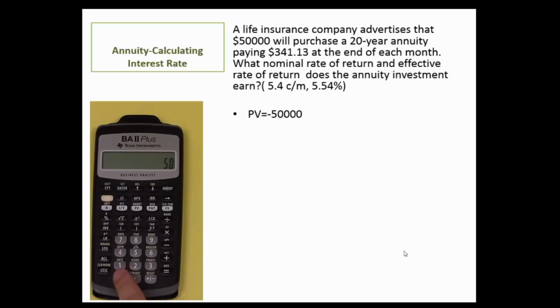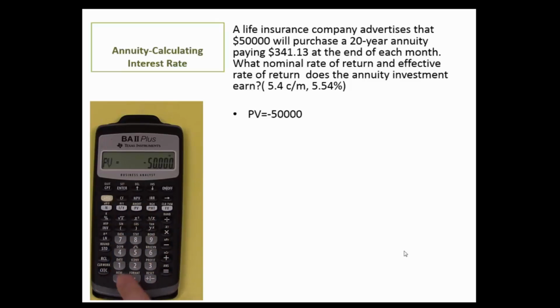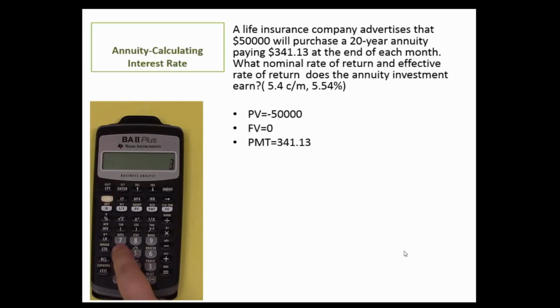Set the present value to negative $50,000. Future value to 0. Set the payment to $341.13.